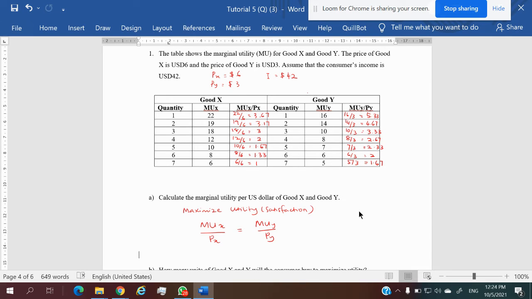Now we want to look at what will be the best combination of goods that can maximize our satisfaction with the level of income $42. Before that, we want to find the point where your MUX over PX equals MUY over PY.